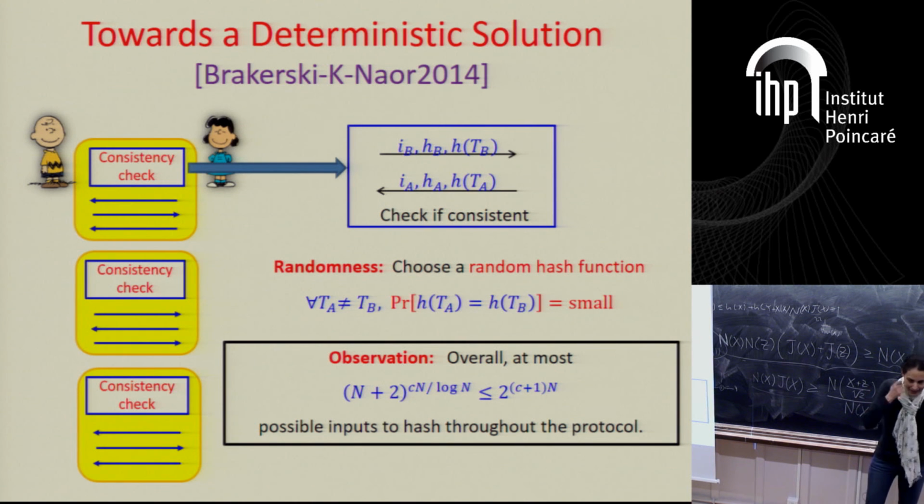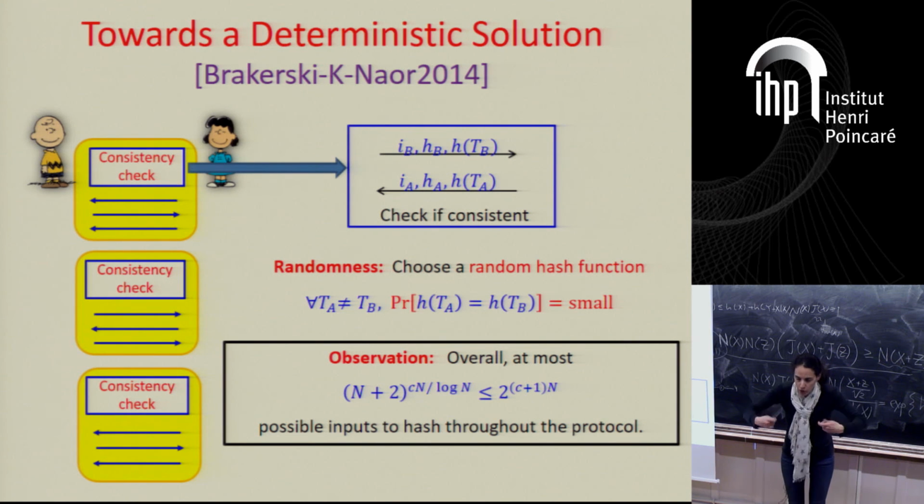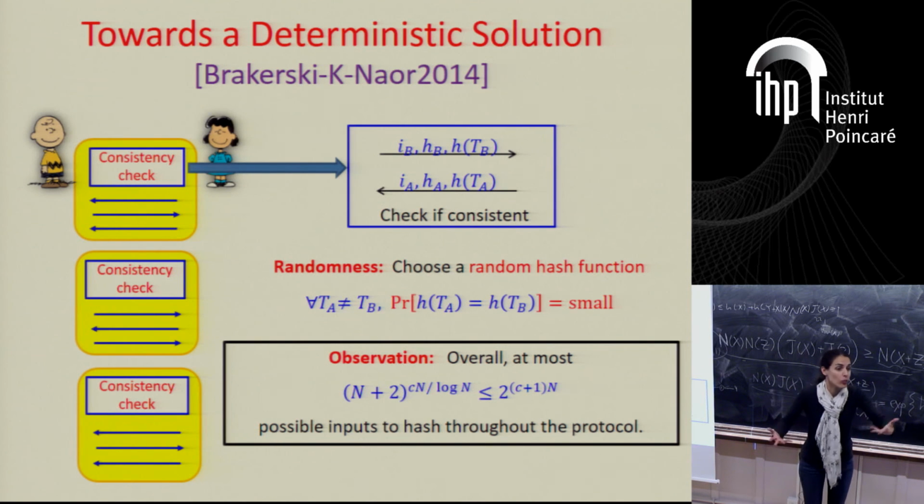So when we run this hash function over and over again, we run it on a transcript of size more or less n. It would start small, but very soon it becomes n. So it seems like we run it on any transcript of size n, so there's kind of n squared options to run it on. But that's not true.